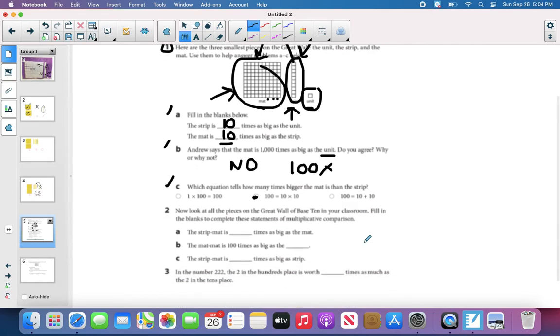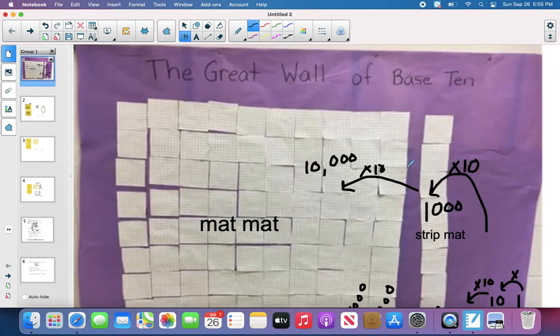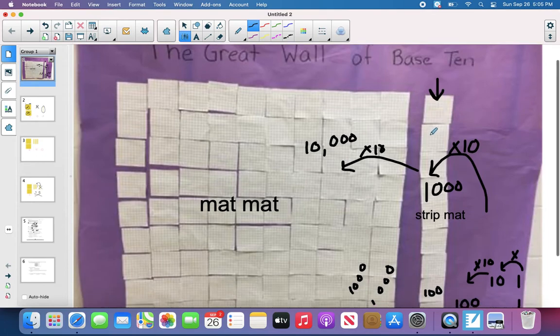Number 2. Now look at all the pieces on the Great Wall of Base 10 in your classroom. Again, you can rewind the video. It's in the purple. Fill in the blanks to complete these statements of multiplicative comparison. The strip mat is blank times as big as the mat. So let's go back. Here's a strip mat. Okay, so it's 100, 100, 100.